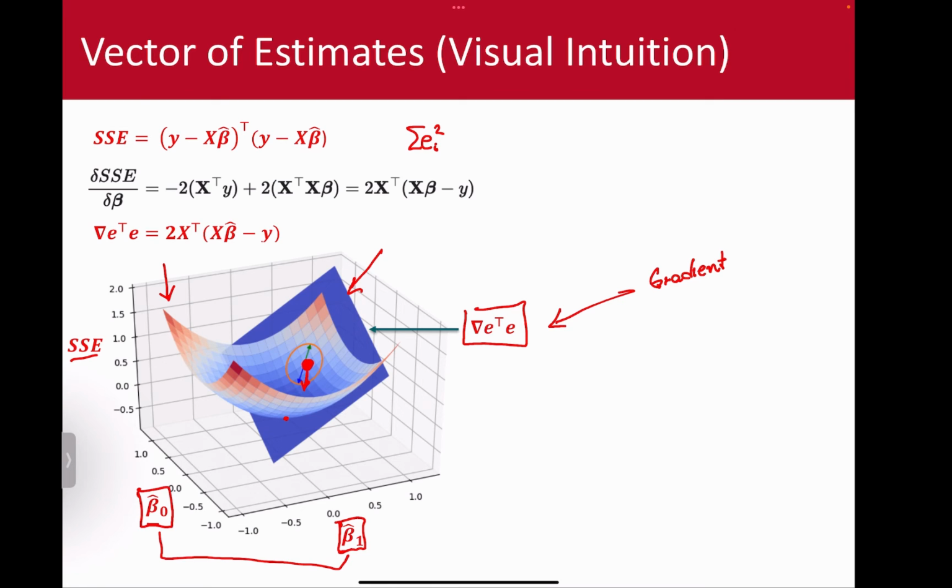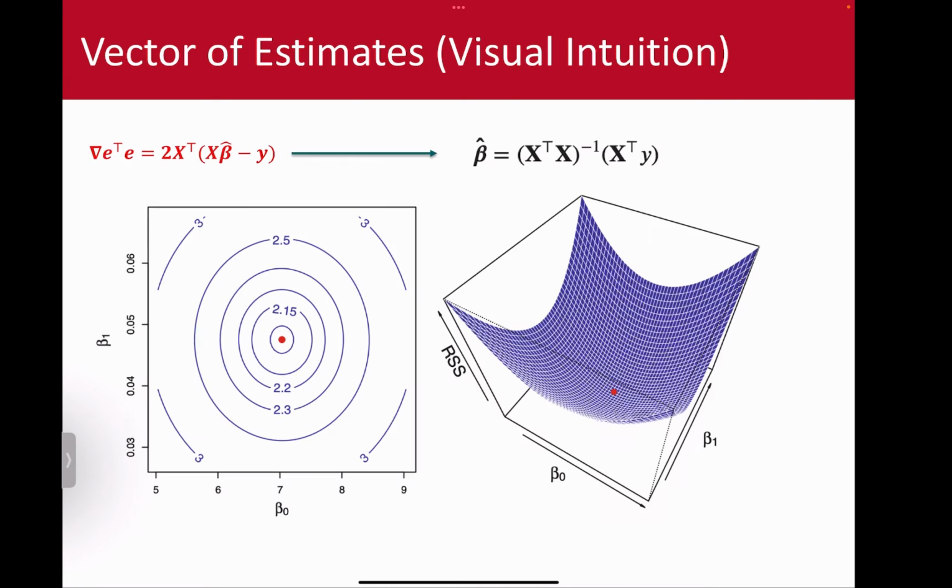So if you get the derivative, which is the same as the gradient, and you set that to 0, and then you start solving for beta, then you get this formula. And that's the reason why we use it, because in that place, that gradient is exactly 0. So you get the lowest SSE.